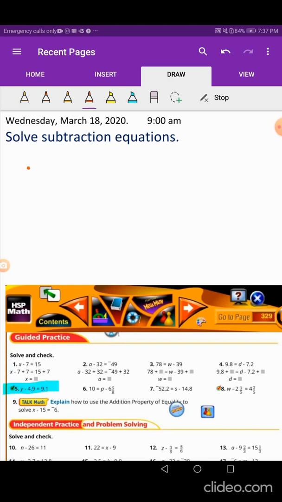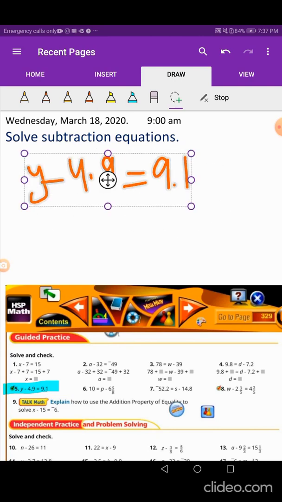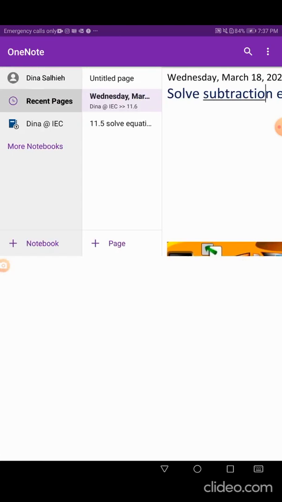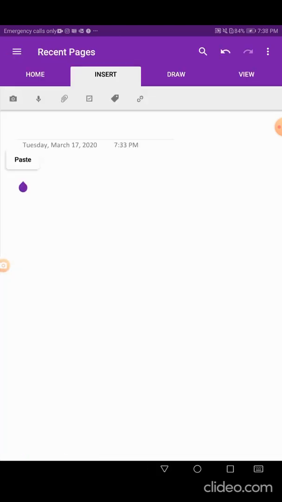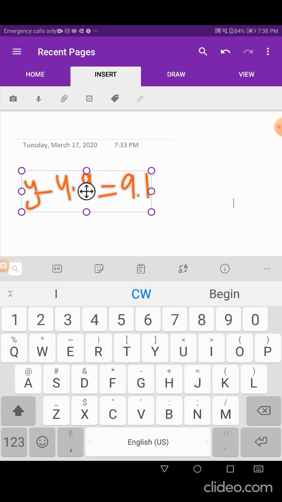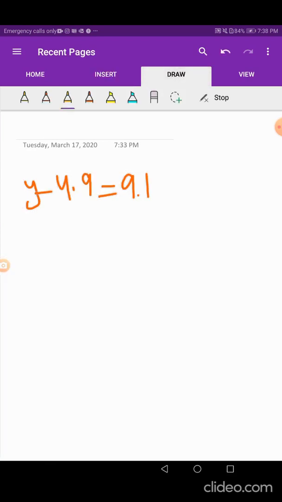We have y minus 4.9 equals 9.1. Okay, now to be able to solve the equation, you need to know the value of y.